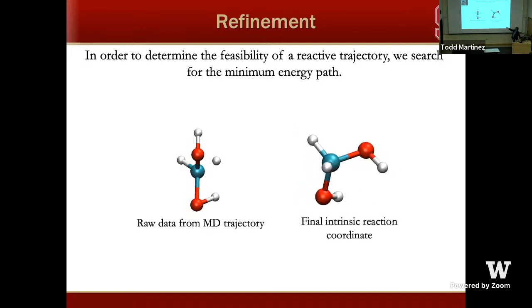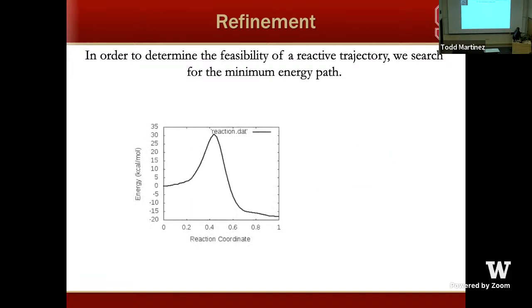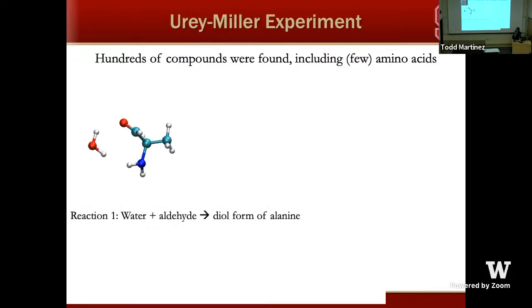And we can refine that, and you'll get something like this, which was showing you that was going from reactants to products. And then you can look at the energy along that path, and you have some pathway going from reactants to products through some barrier, right? And from that, you can put that into transition state theory and get some reaction rate, right?